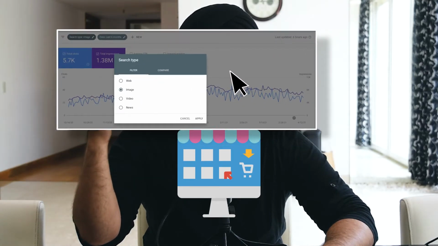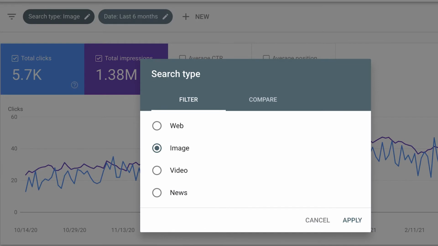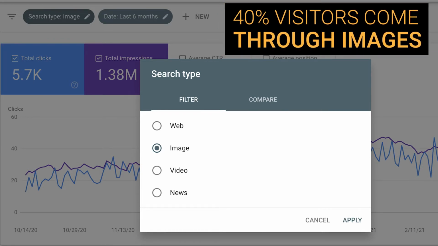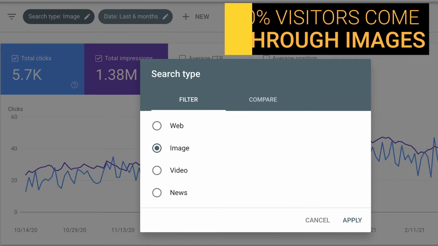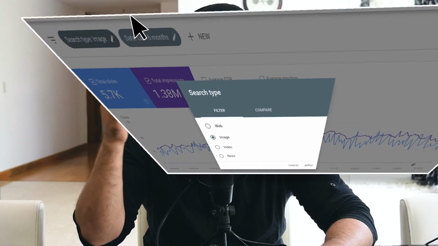Another thing people need to believe: there was a case study for an e-commerce website when they checked their Google Search Console, which you can also do. Instead of web, they checked images, and they got 40% of their visitors through Google Images. So 40% of their sales from organic search happen through Google Images.